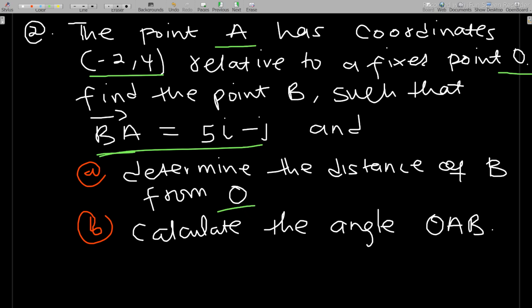Now here are like 3 questions in one. We are supposed to determine the point B, then the distance of B from O, meaning you are supposed to find this distance OB like this. You are supposed to find the angle OAB.